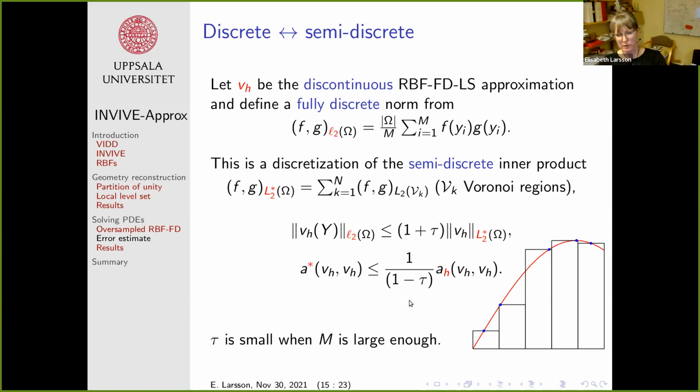It's much harder to do in 2D and 3D and so on, but you can bound the integration error and you get a relation between the discrete function in the discrete norm and the discontinuous function in the semi-discrete norm. And you can do the same with the bilinear form. And this integration error will become smaller when we increase the number of blue points, the oversampling points. The more we have, the more continuous the problem becomes.